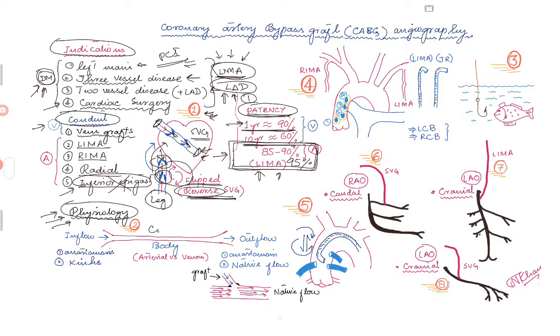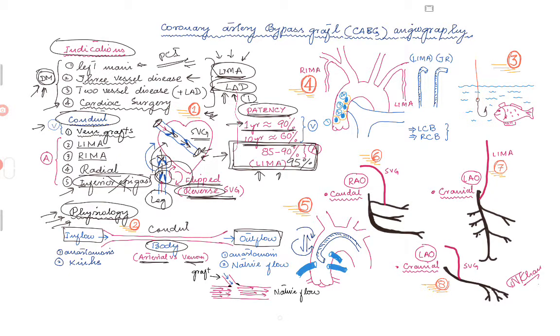So with that, we come back again to the physiology, left lower corner. This is your conduit. It can be arterial or it can be venous. The body of the conduit will also dictate if the graft will stay open or not. Again, as we talked about, the arterial graft will stay open longer than the venous graft. Another important thing to consider is the inflow and the outflow.